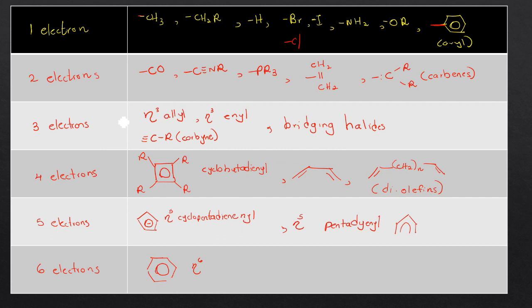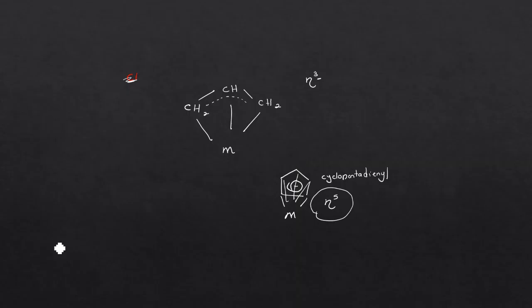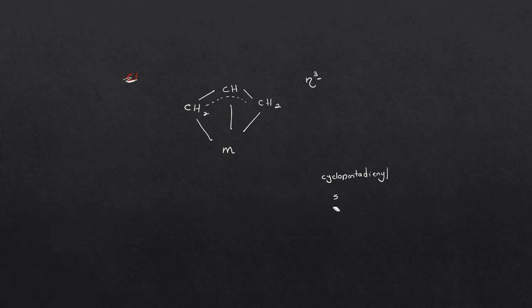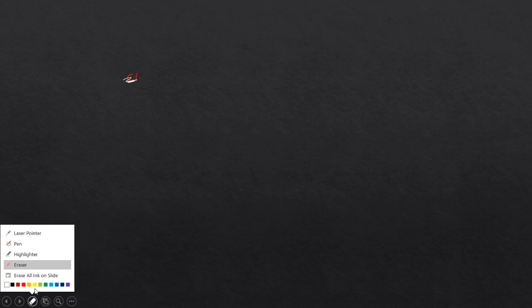Here we have the 3 electron donors, and another term, bridging halides. Let me explain bridging halides quickly. Let's assume we have a halide, let's say chlorine, the chloride ion. When a chloride is connected to our metal center, it donates 1 electron.